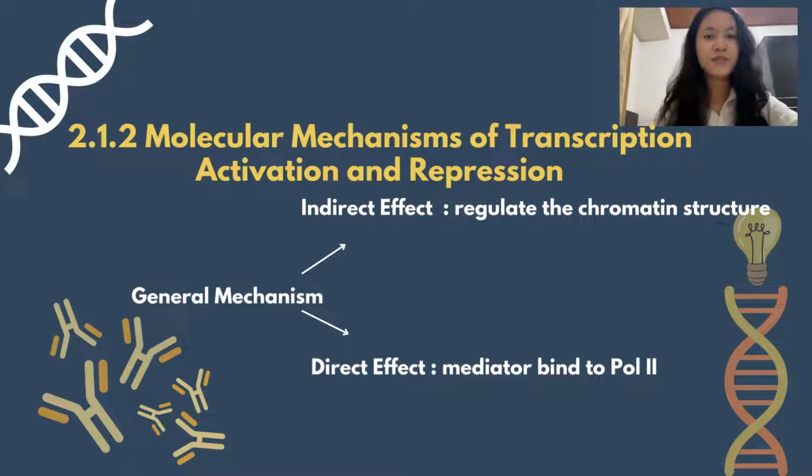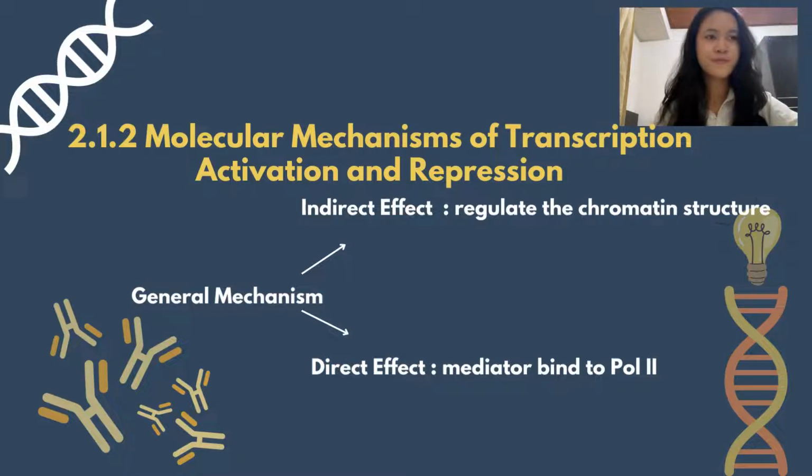Besides, there is mediator, which is a molecular bridge between the activation domain and RNA polymerase to help the direct effect process. Activators can bind to a distant enhancer to interact with transcription factors that bind to a promoter. Specific sites of activators are also produced by the cell in order to express this particular gene in the transcription process.